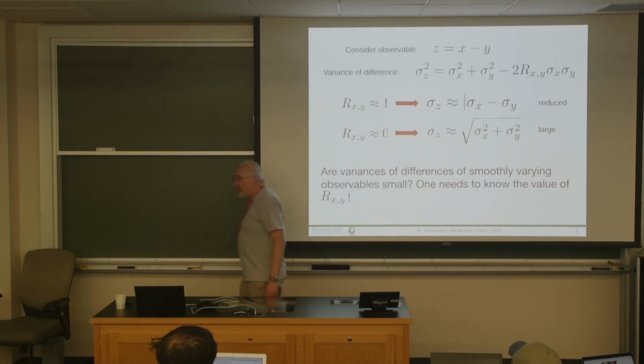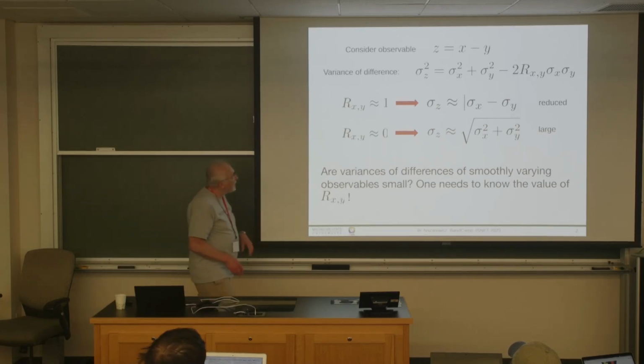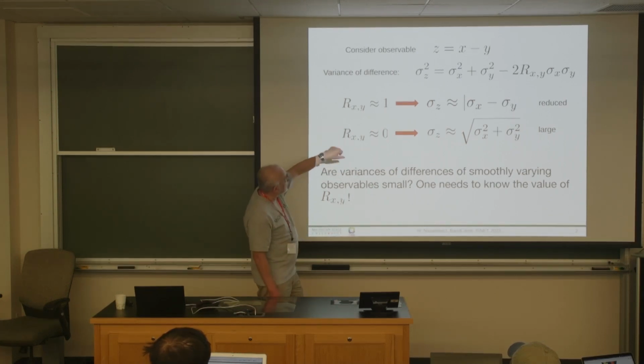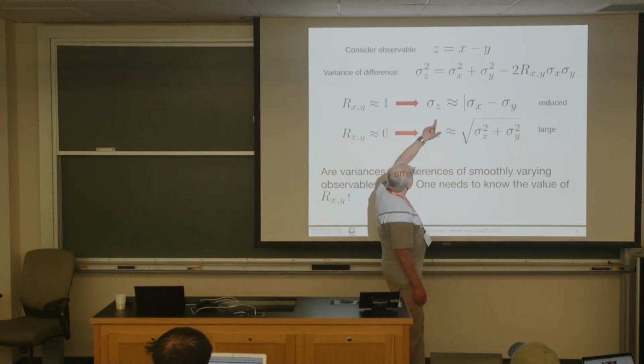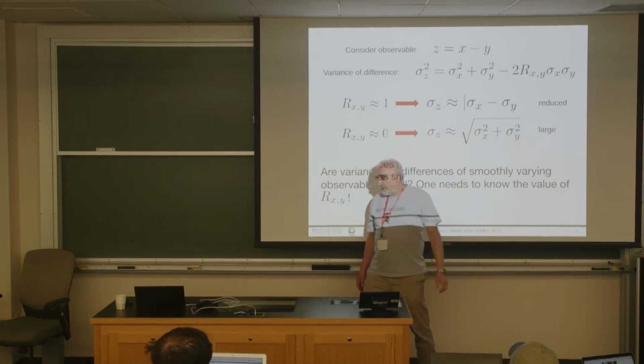Correlation coefficient R. Now, if two quantities are extremely well correlated, okay, then this correlation coefficient is close to 1. For some reason, some symbols are missing here. Okay, so if this is 1, you can see that in this case the sigma of z is just the difference between sigma of x and sigma of y.